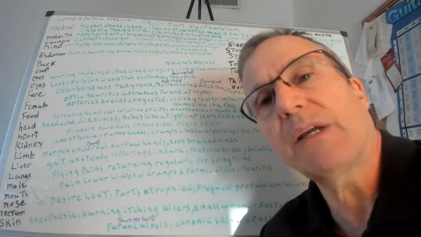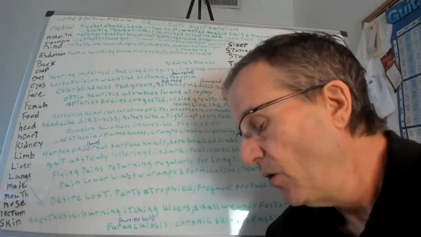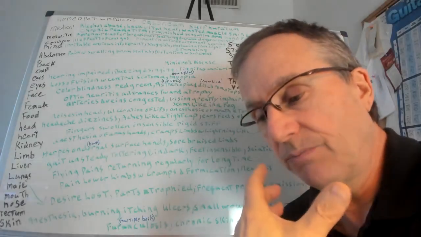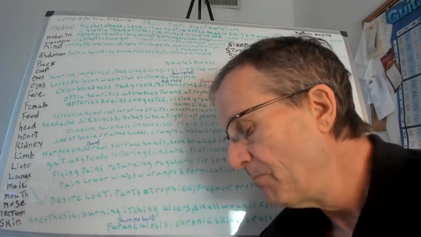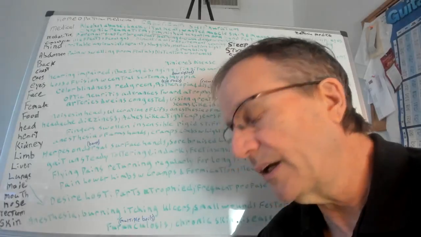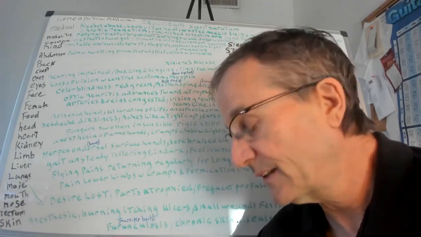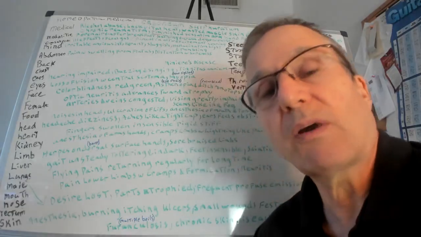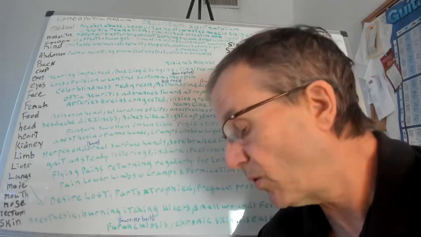One patient had complete right side hemiplegia. So now when someone has a stroke, right side, my buddy's was left side. When someone has a stroke and they have hemiplegia, it's basically paralysis of one side, the right side. So right-sided paralysis. I think Causticum is more left side paralysis in a stroke.